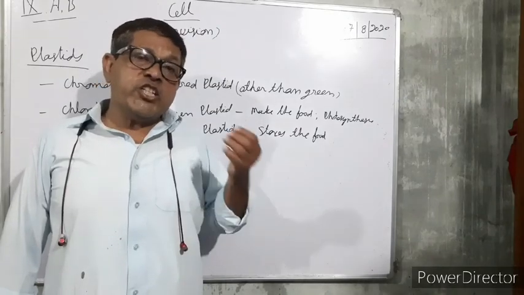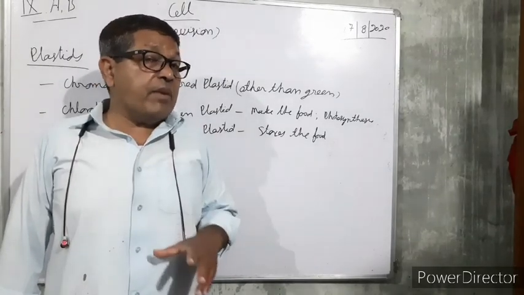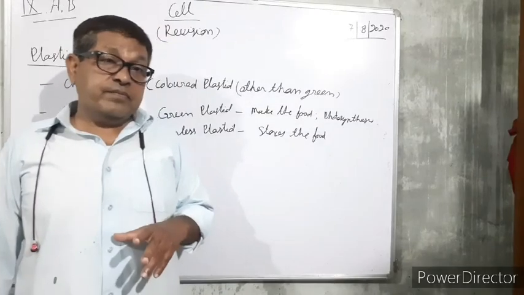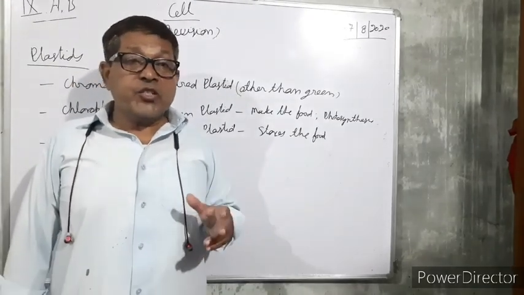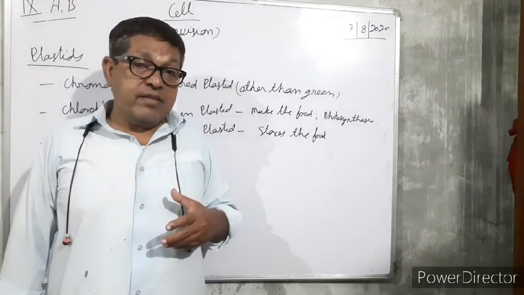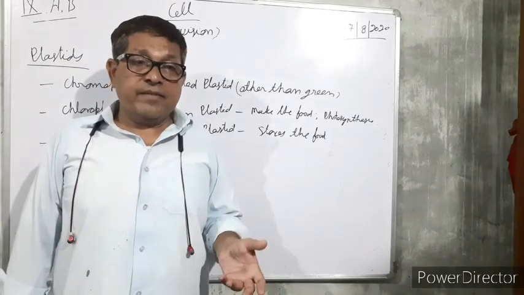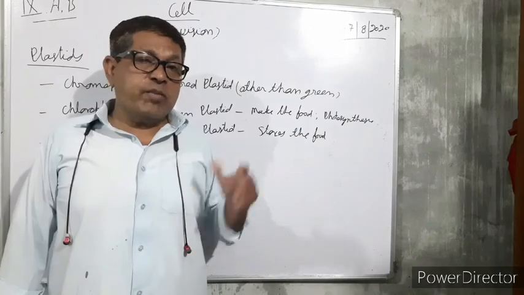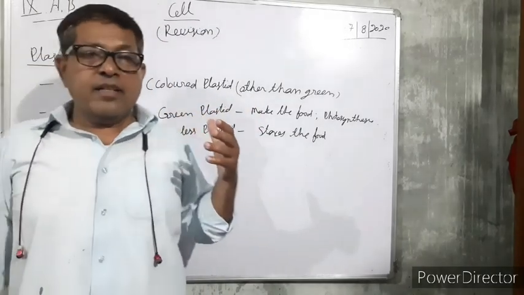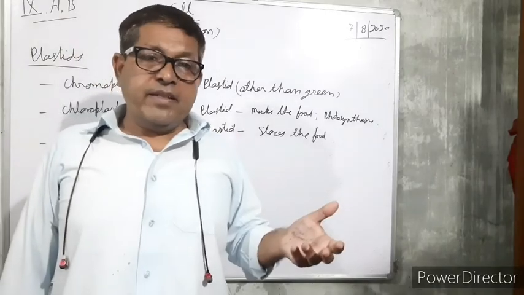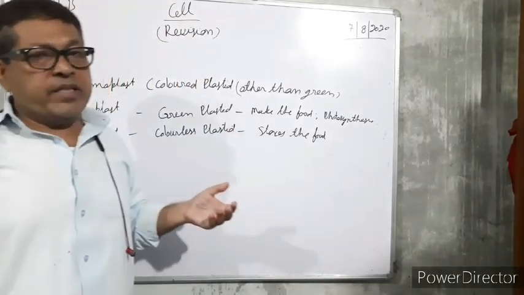So glucose is stored in the plants in the form of starch. And plants also provide proteins. It is also stored by the plastid, and plants also store lipids. These are also stored by the plant.